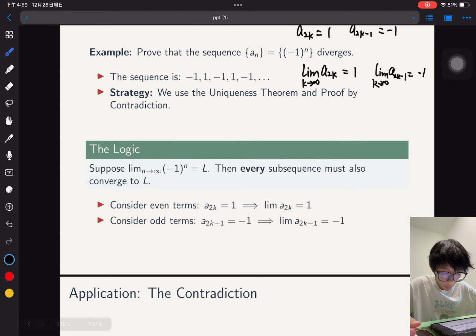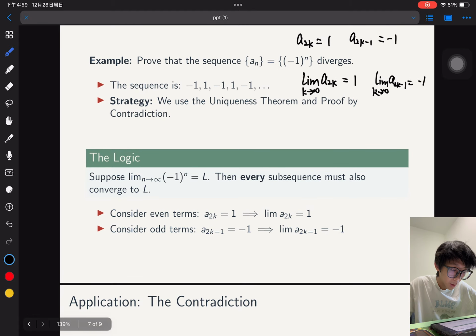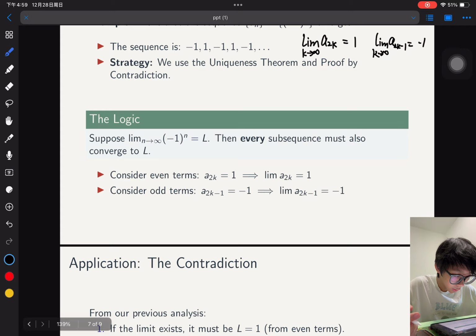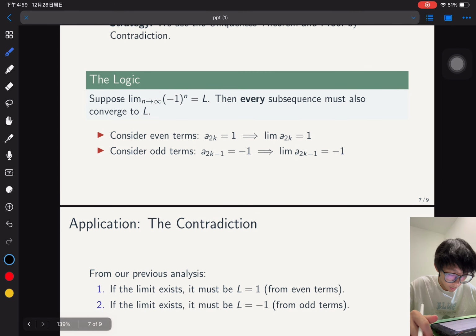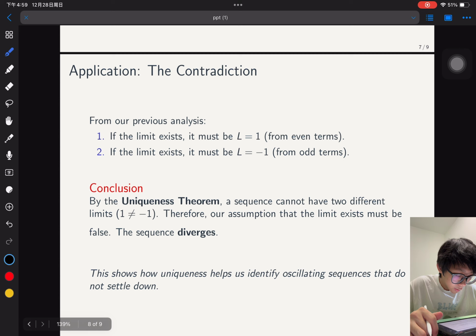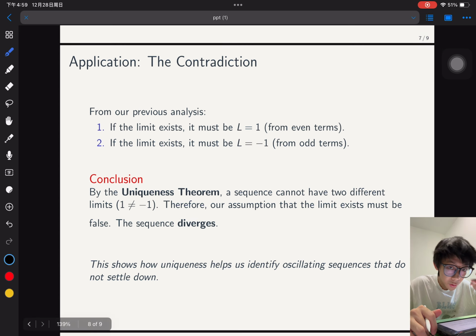So the limits are different. By using the uniqueness theorem, the limit cannot be two different numbers, so convergence is not possible, so the sequence diverges.